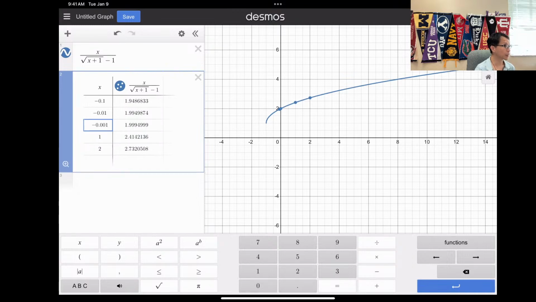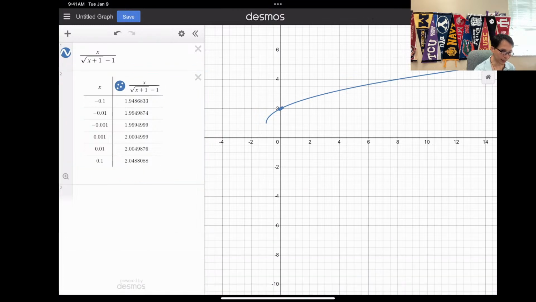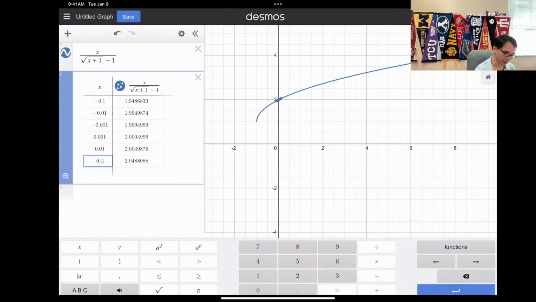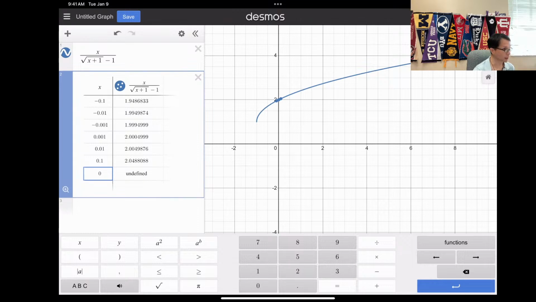This is called numerically: just plug in a number until you approach it. From the positive side, it would be 0.001, 0.01, and 0.1. Ideally, if I plug in 0, it's going to be undefined. So you can reach it by plugging in values slowly until you get there.